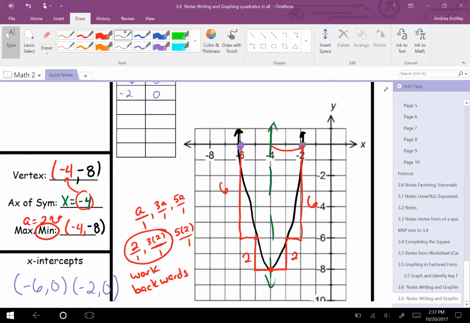I also have other points here, right here and here, which would be at -5 and -6. And then at -3 and -6. Any questions over that?